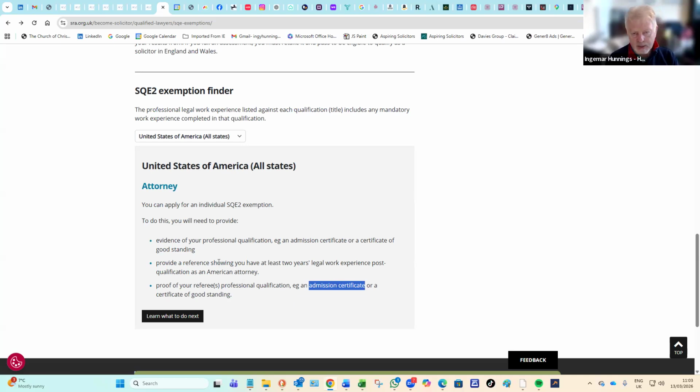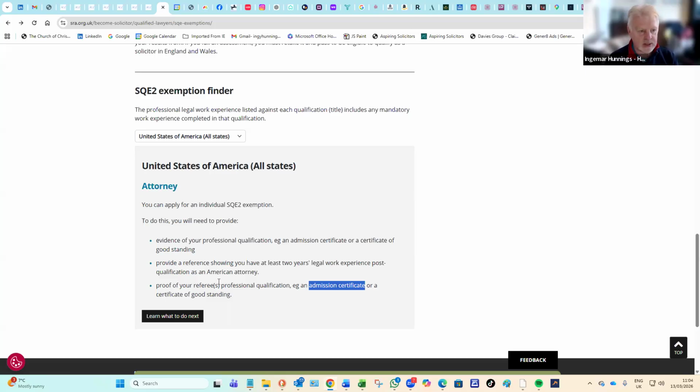If they're not a lawyer, but they are a professional, then similar thing. Proof of their qualification, plus you need to explain in the letter of reference how they were suitable to supervise your legal work. So it could be they were an accountant or something like that. If they're not a professional at all, they can still do all of this.